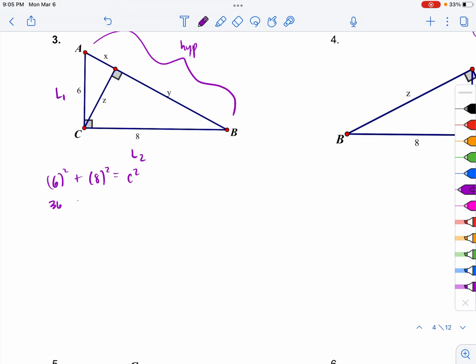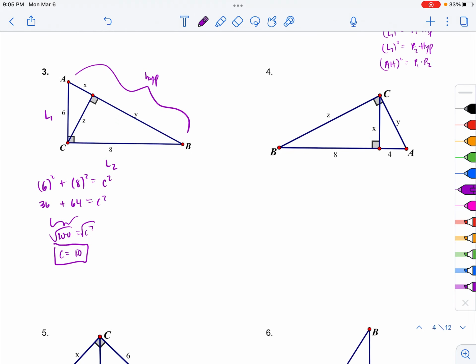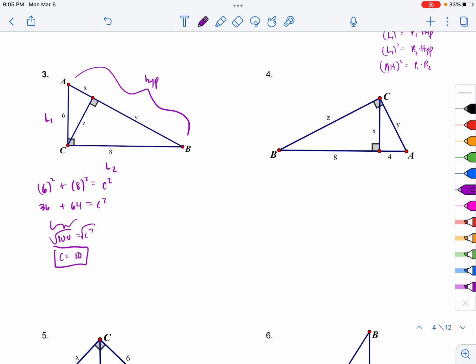Now, if you did not recognize it, you could always just do this the long way. And we realize this is equal to 100 is equal to c squared, square root both sides. And you get c is equal to 10. So 6, 8, 10 is a multiple of that 3, 4, 5 Pythagorean triple.